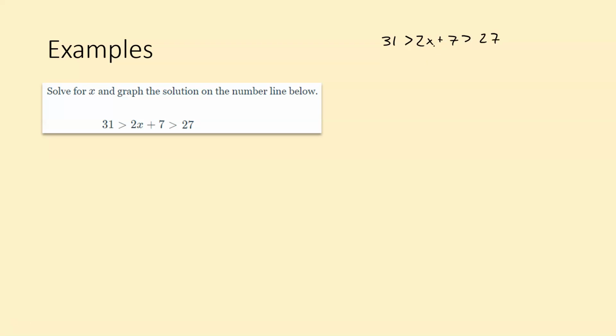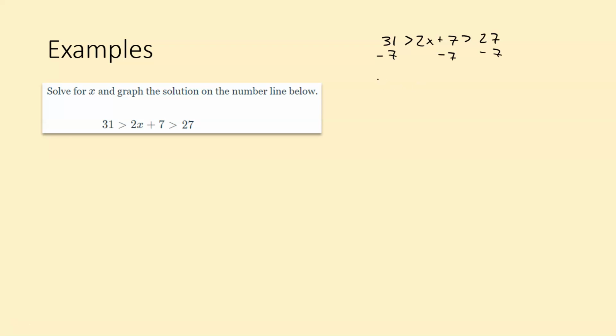You want to get x by itself. So in this case, to get x by itself, first we would have to get rid of this plus 7. So I would subtract 7. The only difference is now I have to subtract 7 from all sides of this inequality. So I have to subtract 7 here as well, and also here. So there's 3 different places where I need to subtract 7. I think that is where a lot of us make mistakes on these.